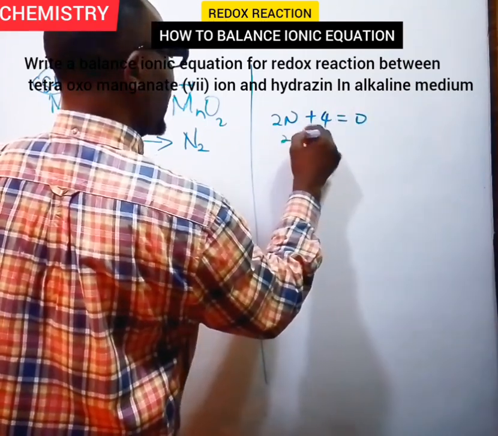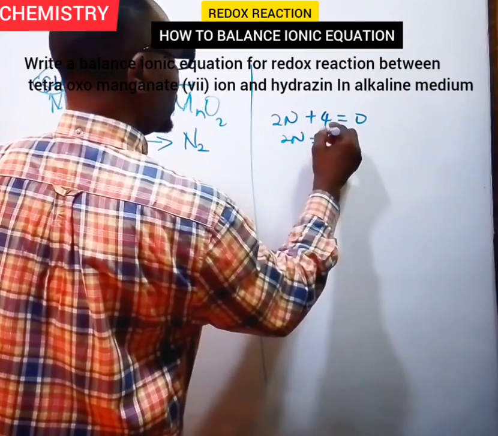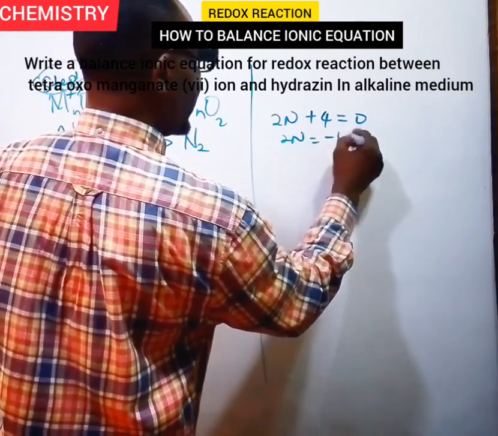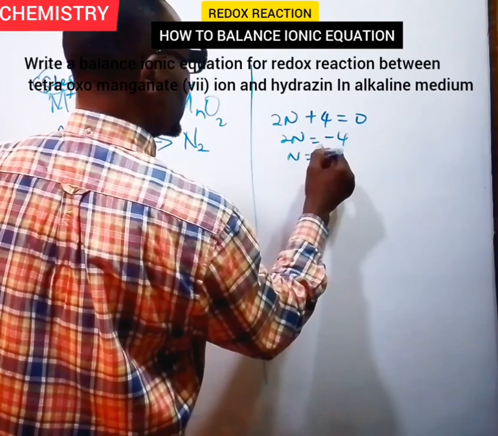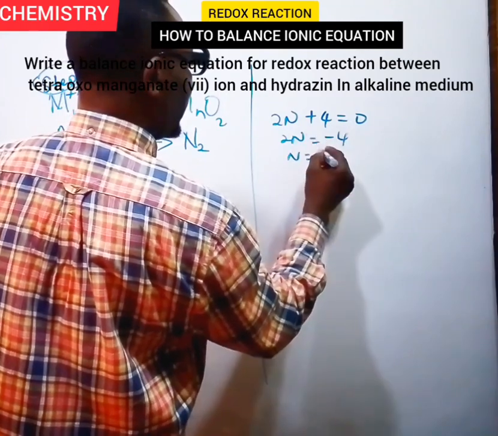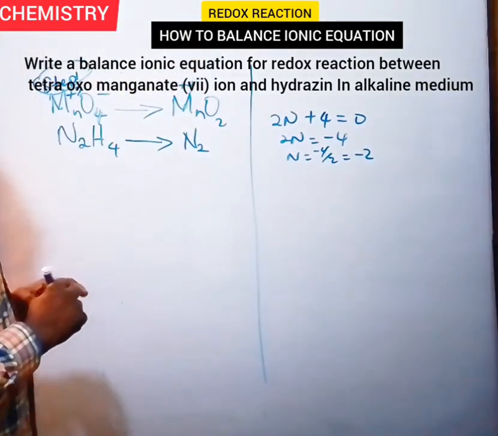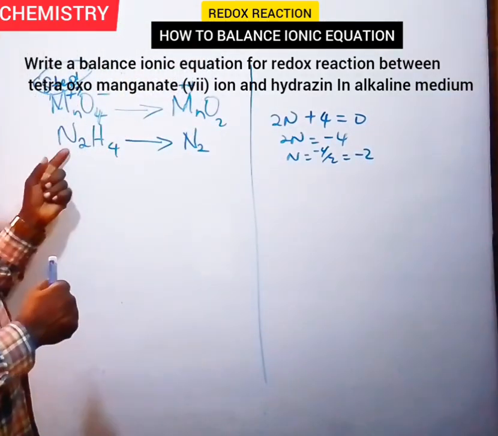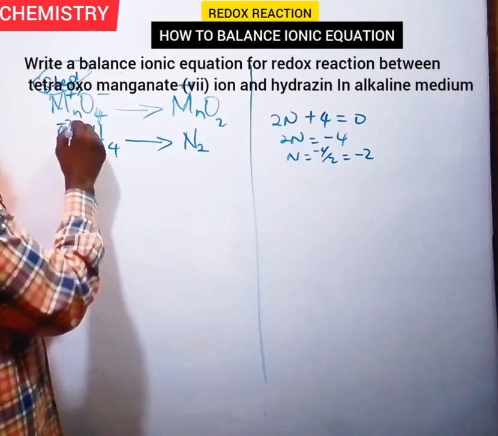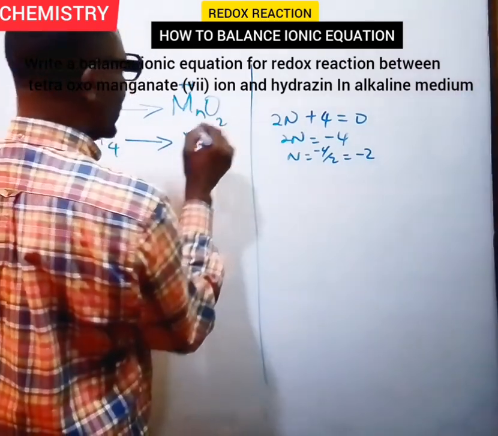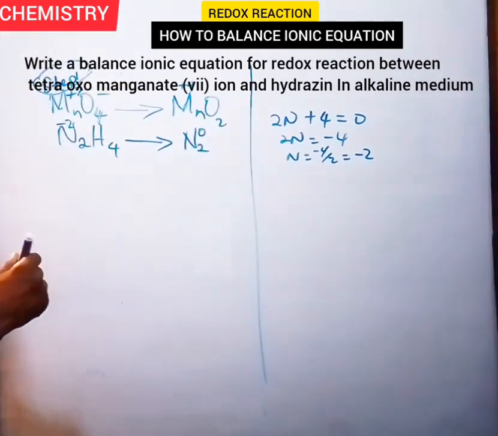So you have 2N equal to -4. N is equal to -4 over 2, that's -2. So the nitrogen here is -2, while the nitrogen here will be equal to 0.